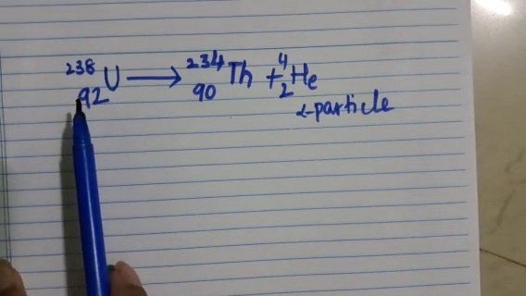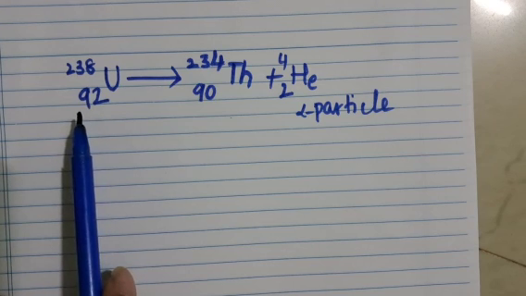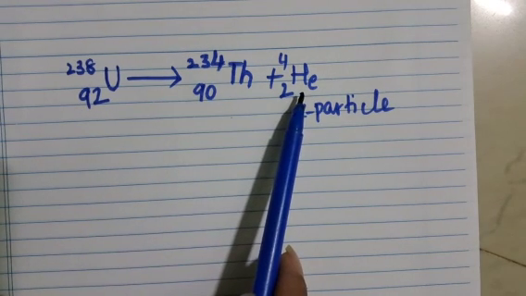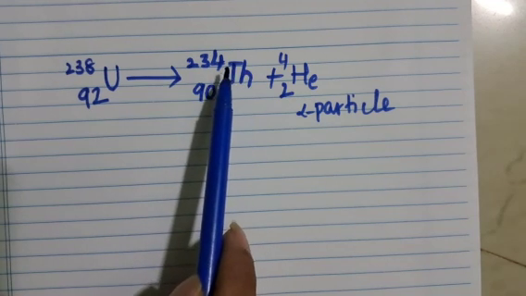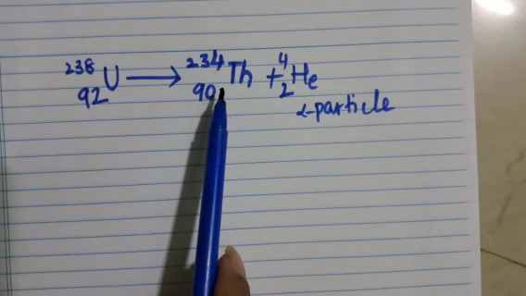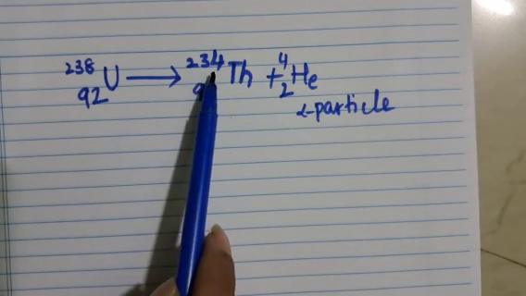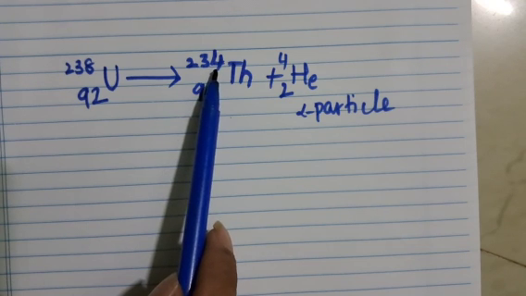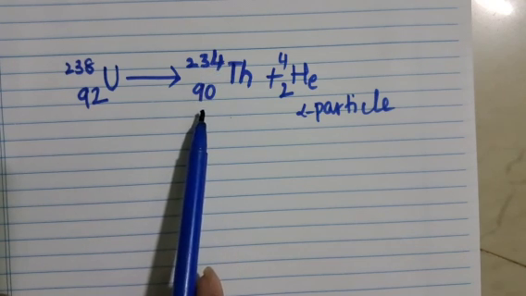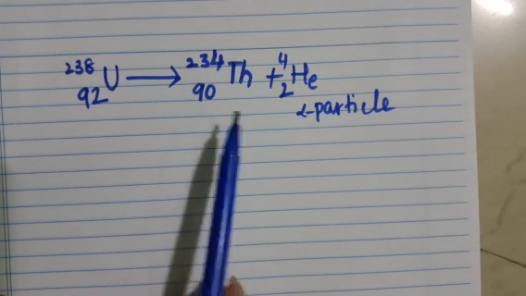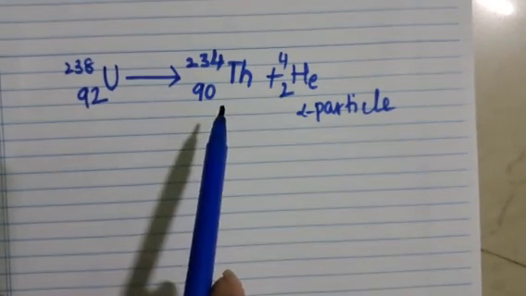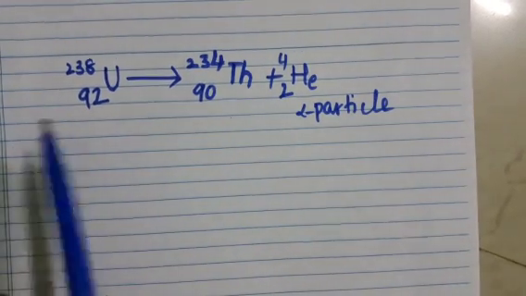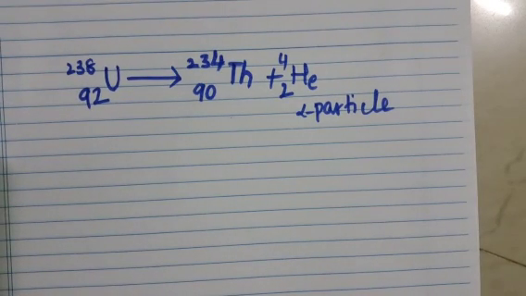Therefore, according to the group displacement law, when an alpha particle is emitted, the newly obtained element will have a mass number less by 4 units and an atomic number less by 2 units, and it will occupy the position 2 columns to the left of the original element.